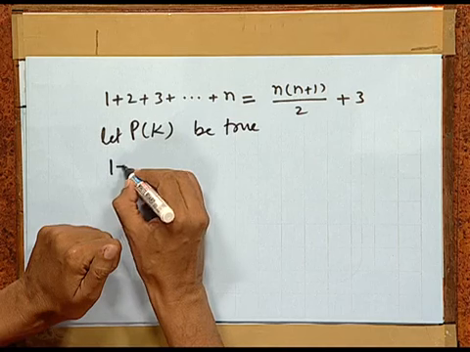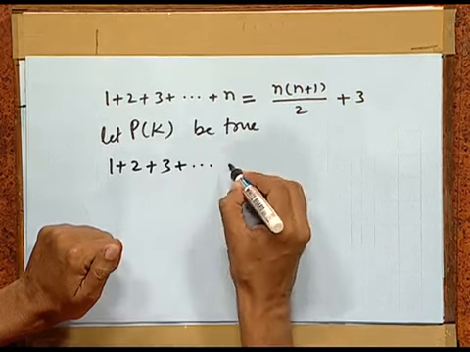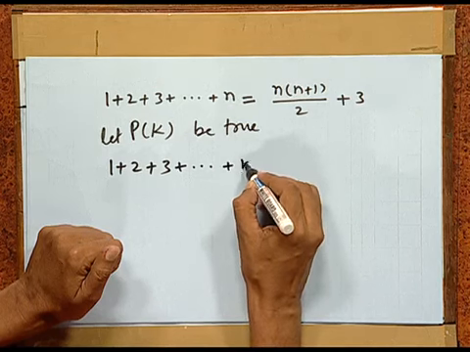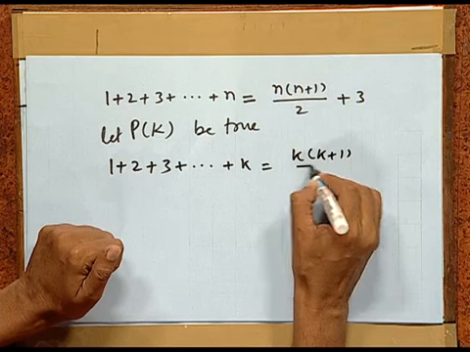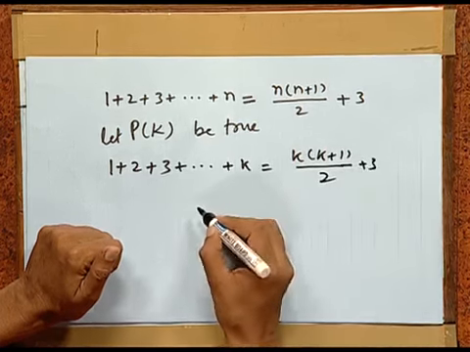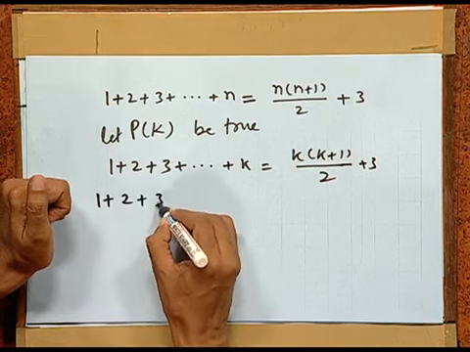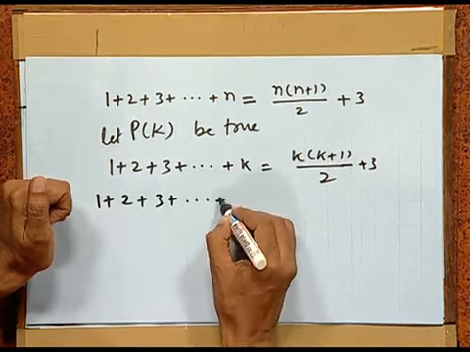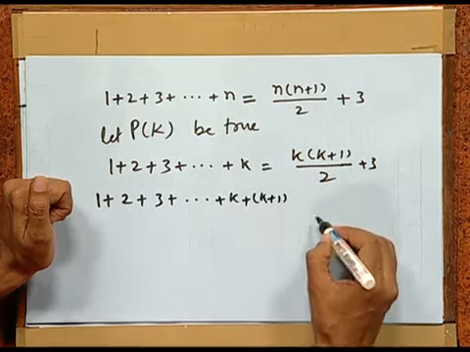This means 1 + 2 + 3 and so on up to k is equal to k(k+1)/2 + 3. Now, to come for P(k+1), we add one more term. So, we get 1 + 2 + 3 and so on up to k and k+1.